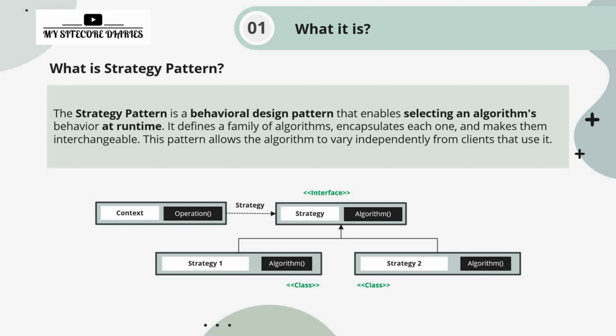Based on the strategy your client sends, say it is sending strategy 1, the strategy class will call strategy 1 and that algorithm will get called. So it's very simple to understand with the example. Let's go to Visual Studio and see the strategy pattern.